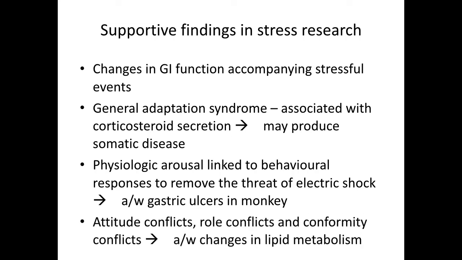We have seen changes in GI function accompanying stressful events; general adaptation syndrome, which is associated with corticosteroid secretion that may produce somatic disease; physiologic arousal linked to behavioral responses to remove the threat of electric shock, especially in studies done in monkeys; and lastly, attitude conflicts, role conflicts and conformity conflicts that are associated with changes in lipid metabolism.